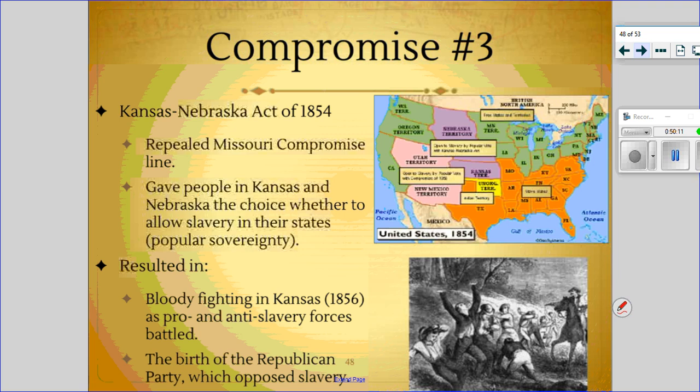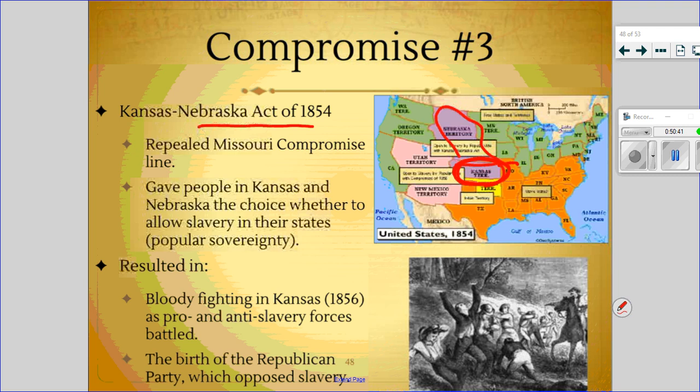So in 1854, we get the Kansas-Nebraska Act, and this is to determine if the Kansas and Nebraska territories are going to be free or slave states. Well, here's the thing. Nebraska, not a lot of issues. It's kind of cold. There's not a lot of interest there. But Kansas is going to be the focal point of the fight to either be free or slave.